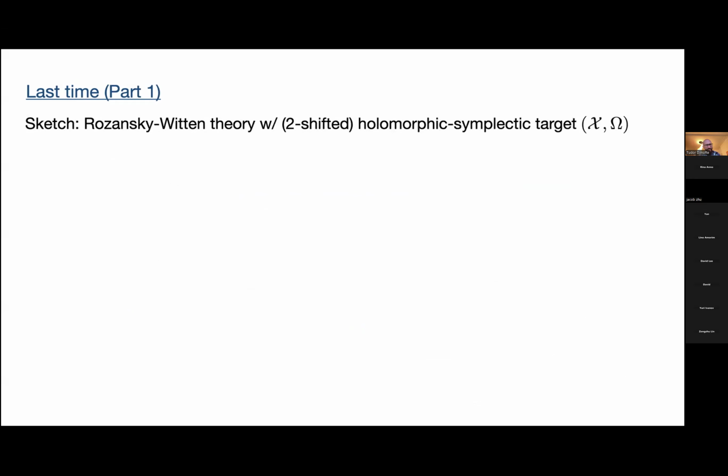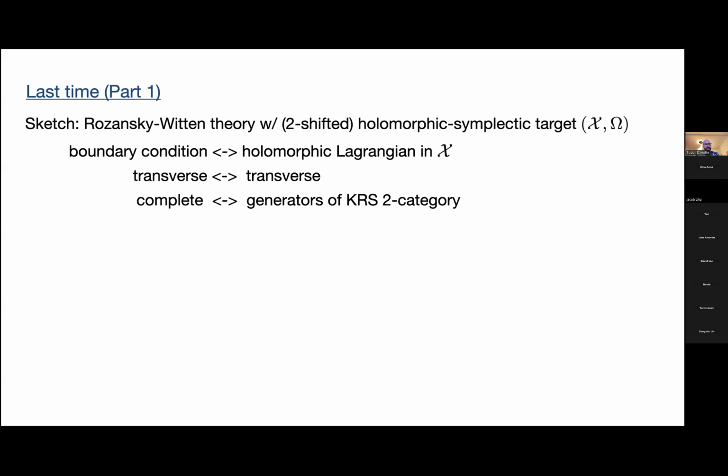So I was hoping to add some intuition, not really giving formulas, but just saying what you should think about in terms of Rozansky-Witten theory.